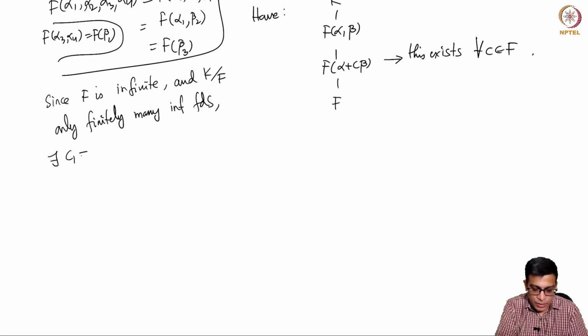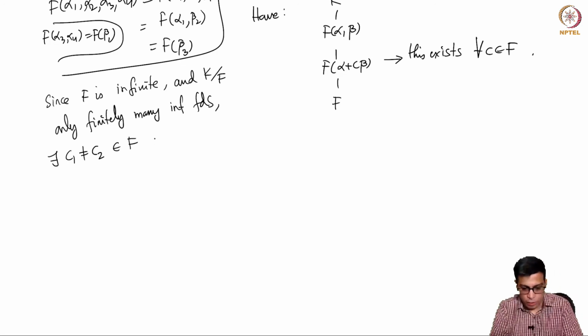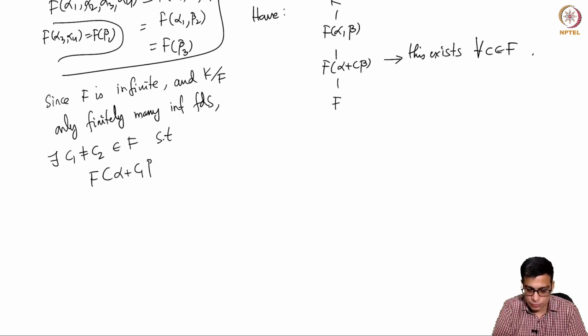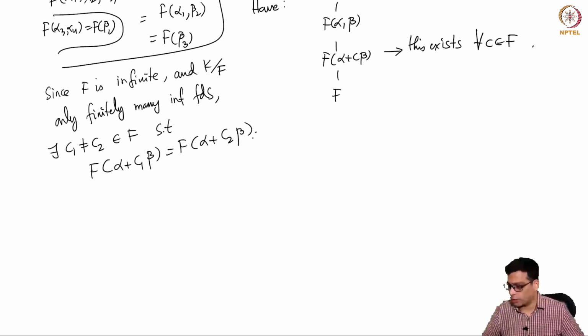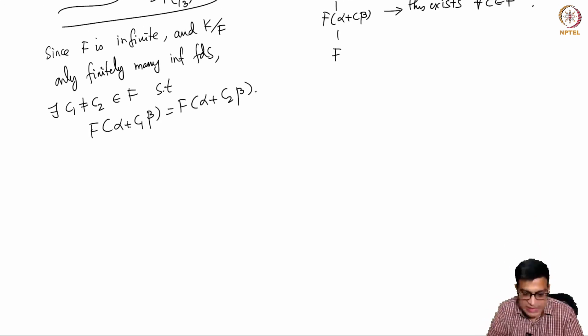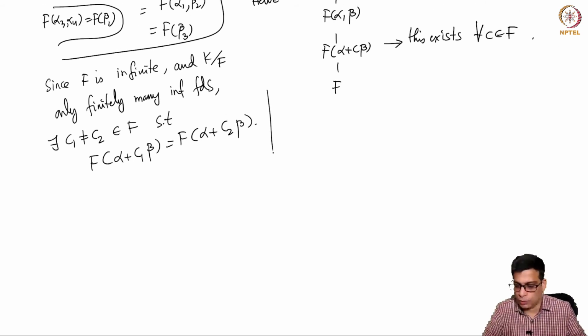So there exist c1, c2 in F, not equal, such that, okay, so we are almost done. So we do have two distinct elements in F such that F(alpha plus c1 beta) is equal to F(alpha plus c2 beta). Now we will just run with it.